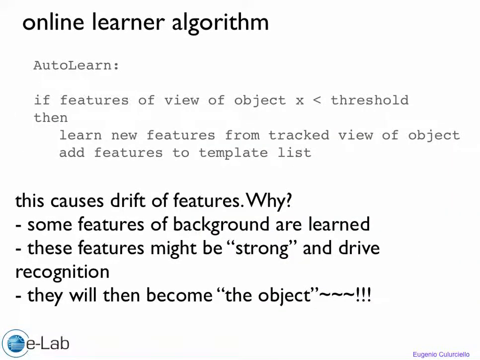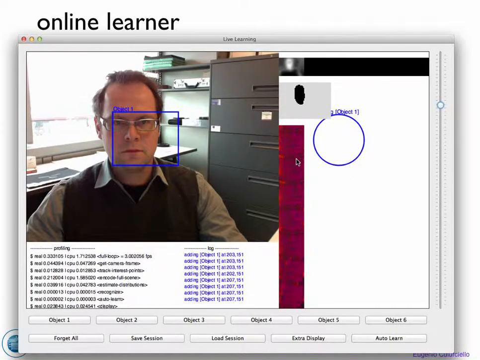As I was saying, it has an auto-learn function. If the feature of the object in view is less than a threshold, then you're going to learn that new feature and add it to the template list. So you're going to add another prototype if it's very different from the previous one you've seen and it was tracked.